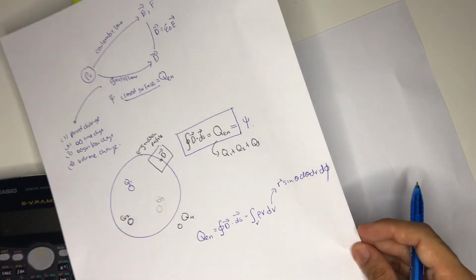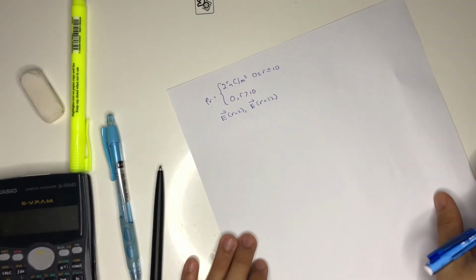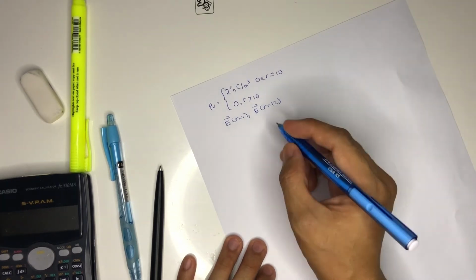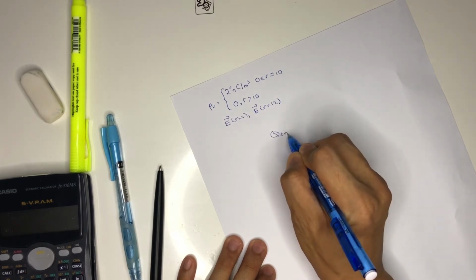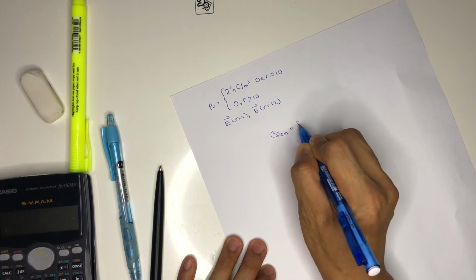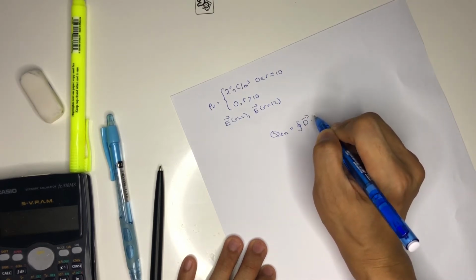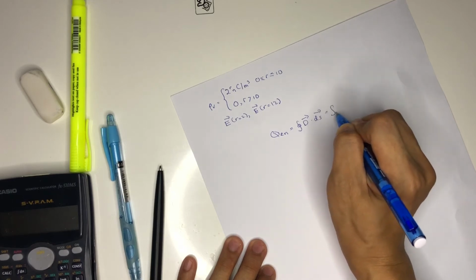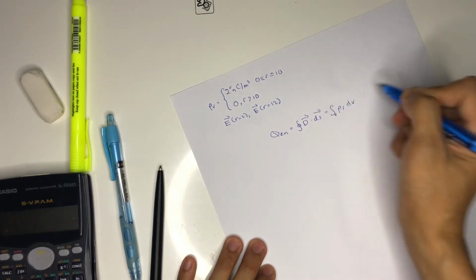We try to use this: Q enclosed equals the closed integral of D dot dS, which equals the triple integration of rho v dv.